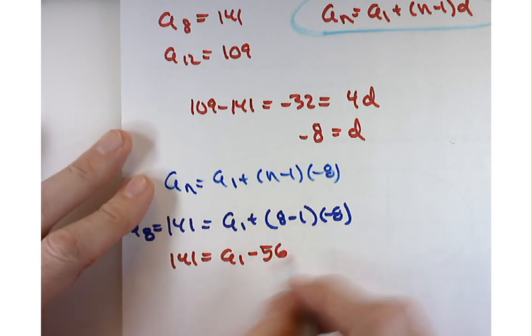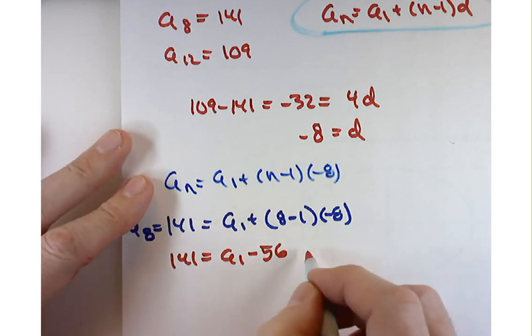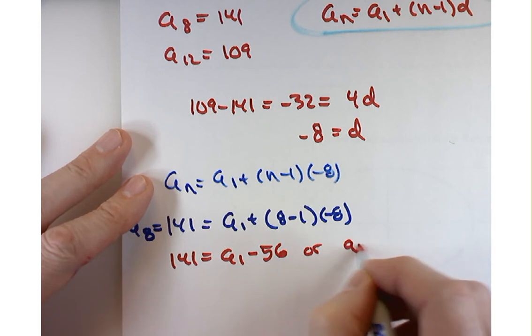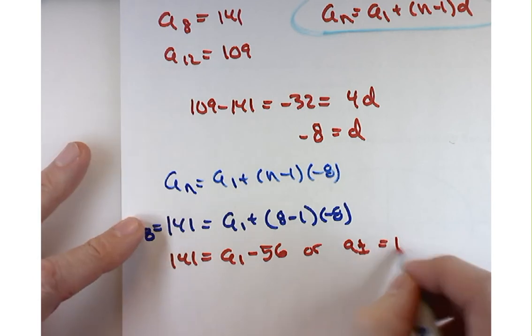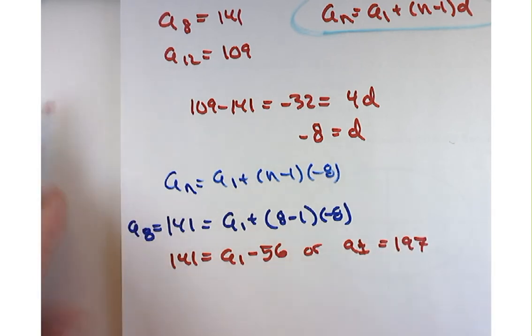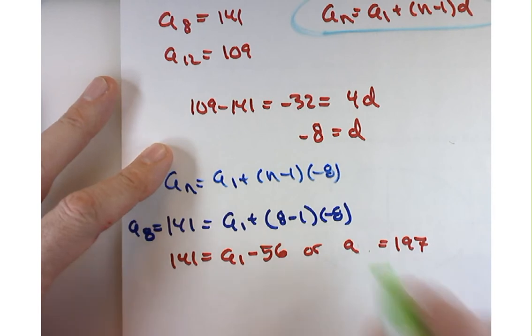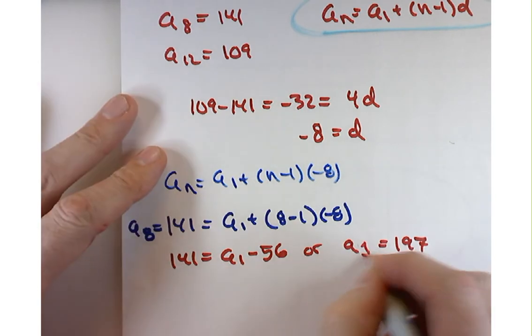If I add 56 to both sides, I end up with a sub 1 equals 197. A sub 1 is 197.